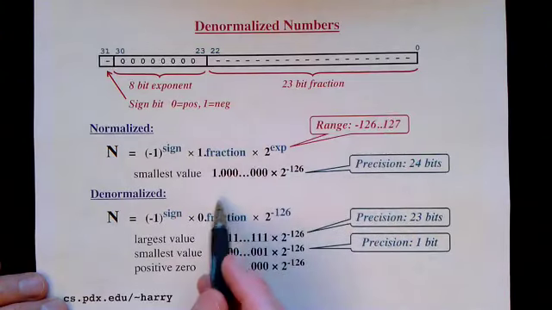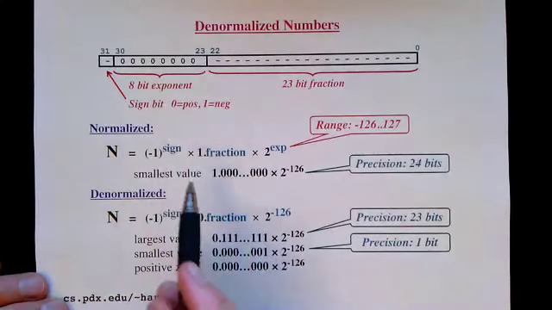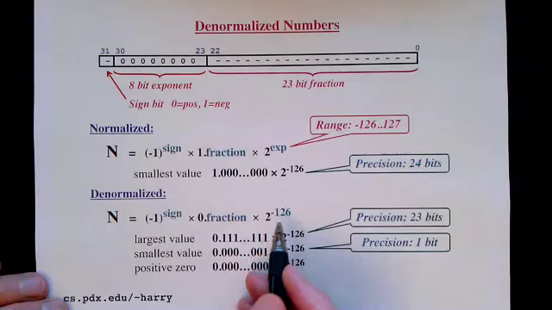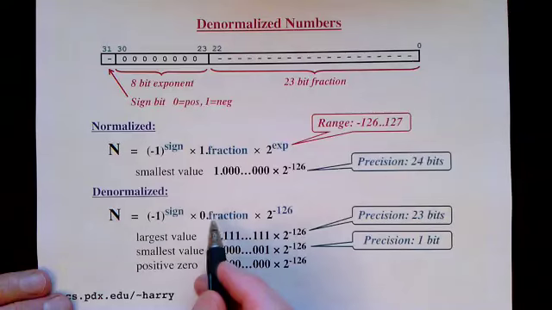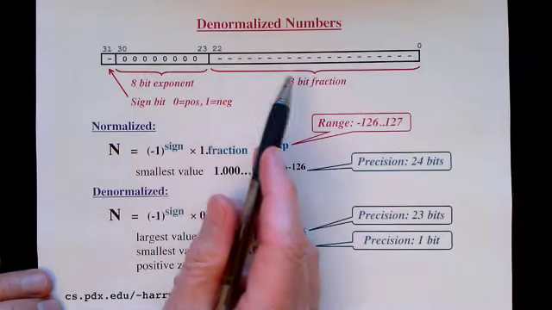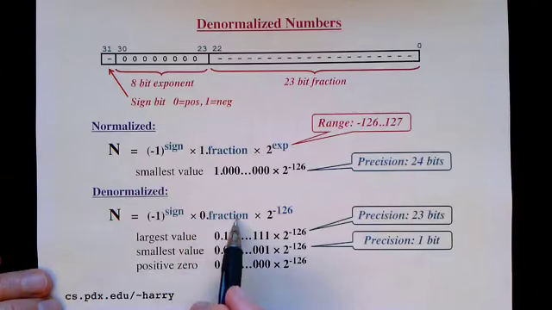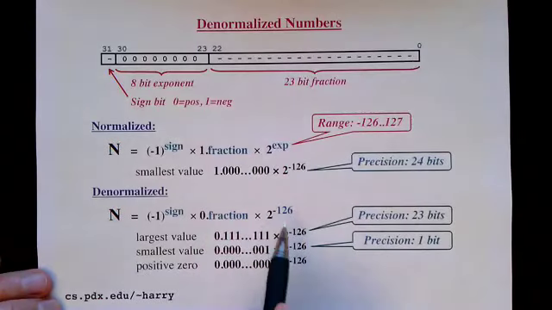With a denormalized number, the all zeros in the exponent is just taken to be -126. And the fraction is then put behind 0 point. So the number that's represented with this bit pattern is shown right here: 0 point, and then whatever bits you see, times 2 to the -126.